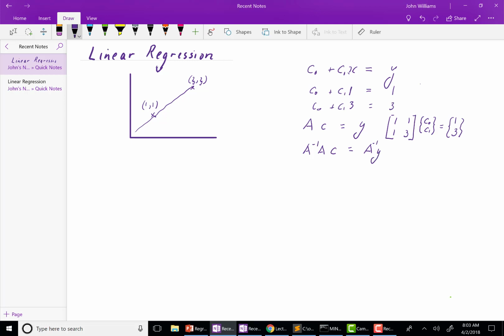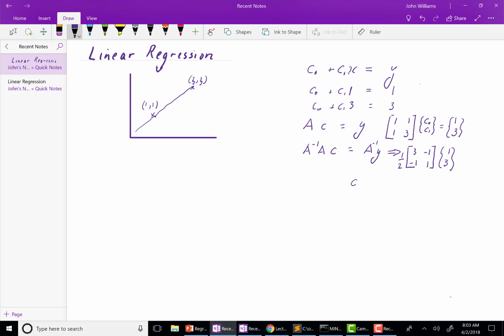In this case, A to the minus 1 is 3, minus 1, minus 1, 1, and I happen to know that we need to scale it by 1 half. So this would be our solution. If we multiply this out, we'd get 3 minus 3, 0.